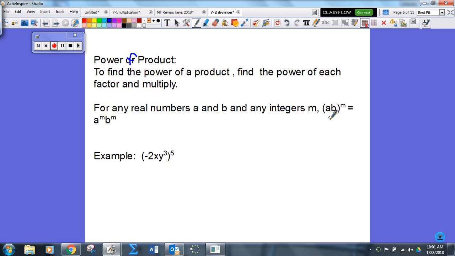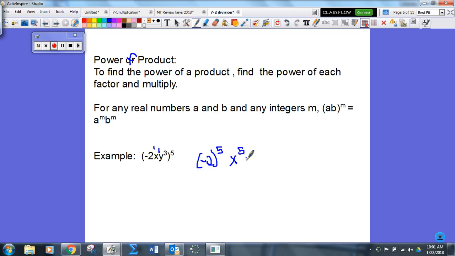So again, here where you see I have a, b all to the m, I give the m to every exponent. So here where I have negative 2xy cubed to the 5th, I'm going to do negative 2 to the 5th because the exponent on negative 2 is 1. So I'm multiplying the 1 times 5. The negative 2 is in parentheses, so remember it stays in parentheses. Then I multiply the 1 on the x times the 5, that's x to the 5th.